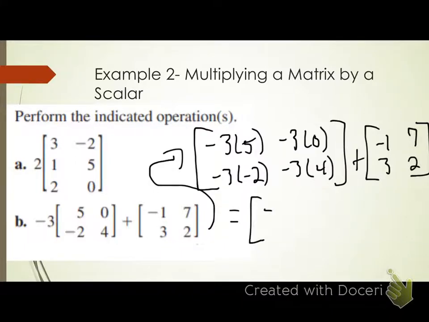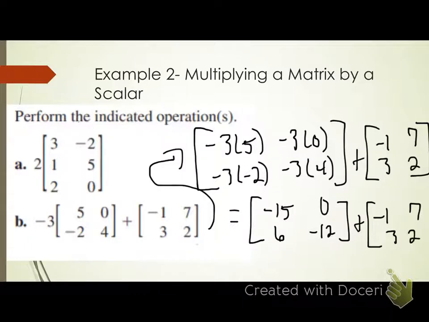So that gives me negative 15, 0, 6, and negative 12. Still accounting for this matrix right here.